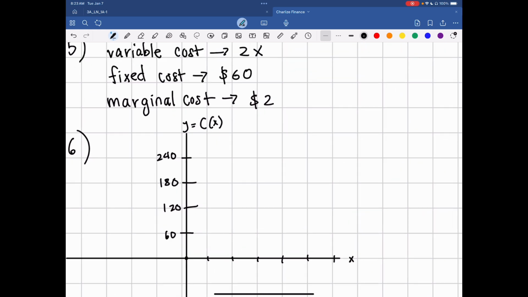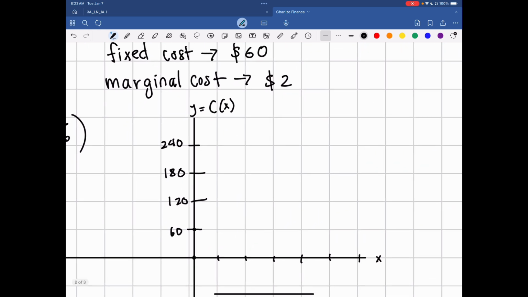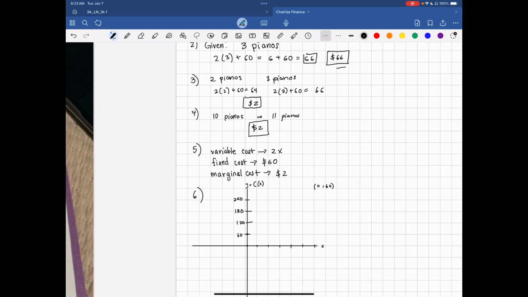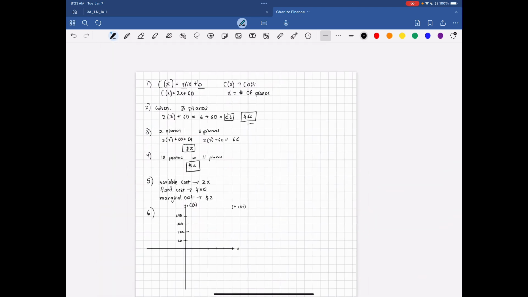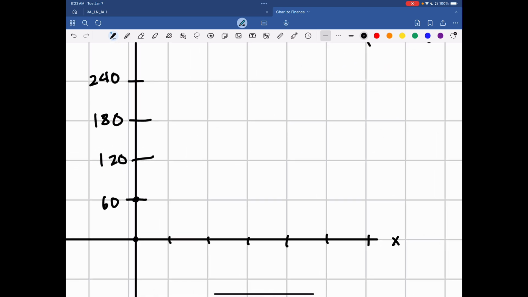So my y-intercept is here. I know that one of my points is (0, 60), but I don't really know any other points, but I do know the slope. So $60 and it increases by 2. So the next one would be kind of here, or not even there, it would be increasing really slowly. But it's a linear function, so it kind of looks like this.